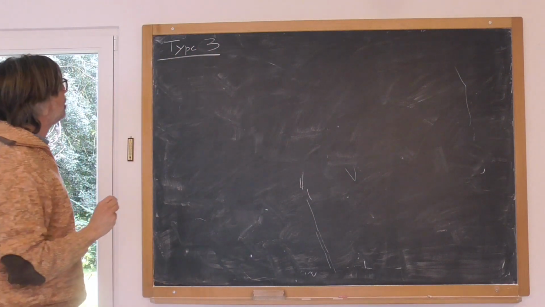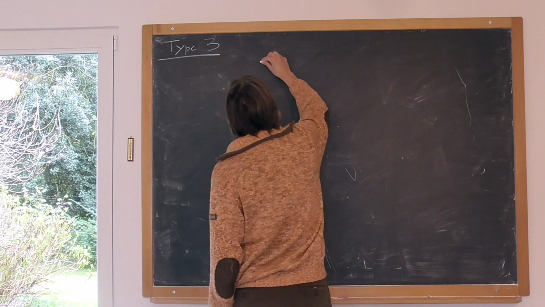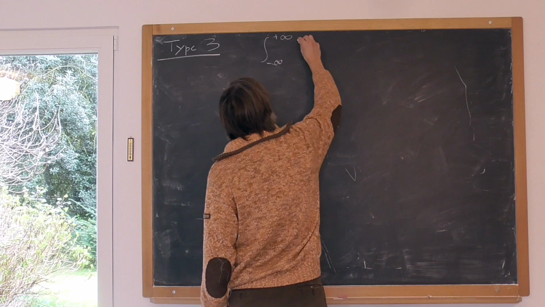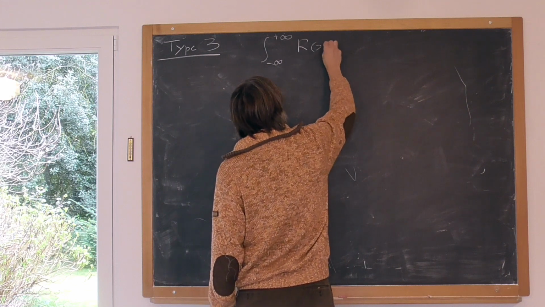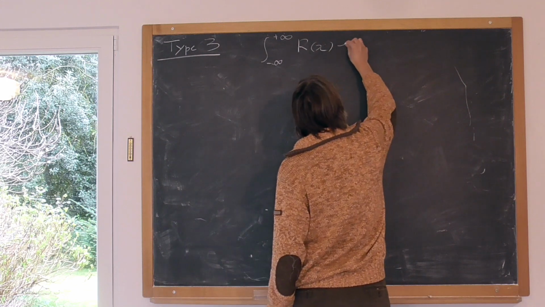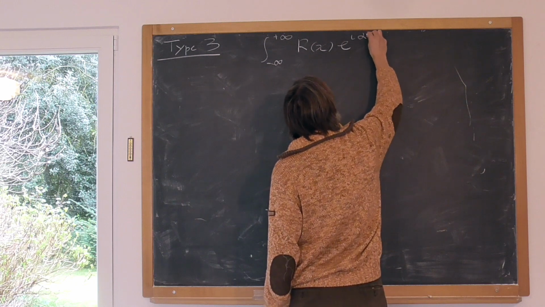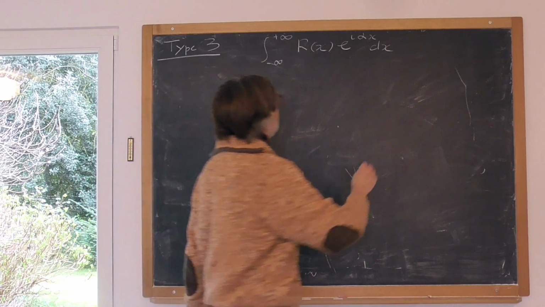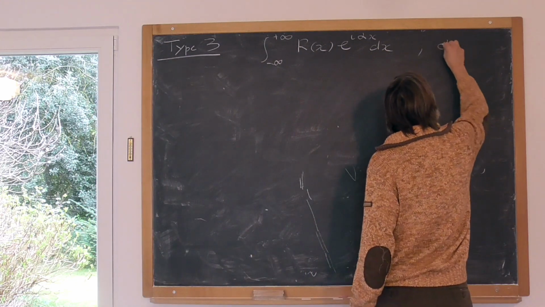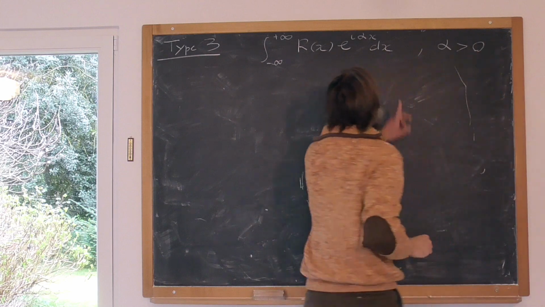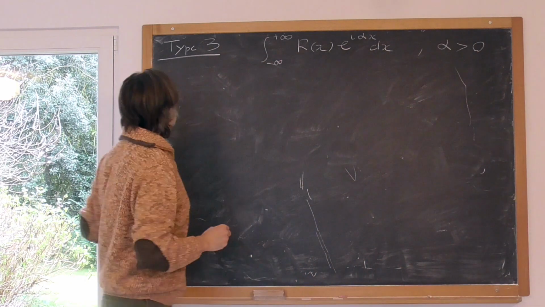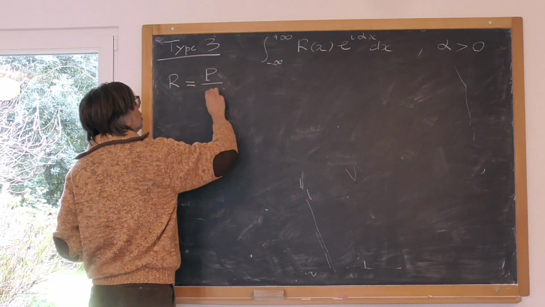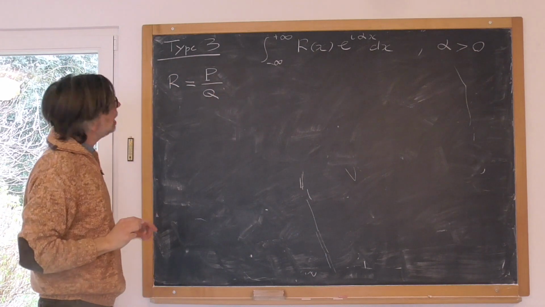So, type 3 will be an integral of the form integral from minus infinity to plus infinity, again a rational function, r of x, but times e to the i alpha x dx, where alpha is a positive number, and r is a rational function, so r is of the form polynomial divided by polynomial, p over q.